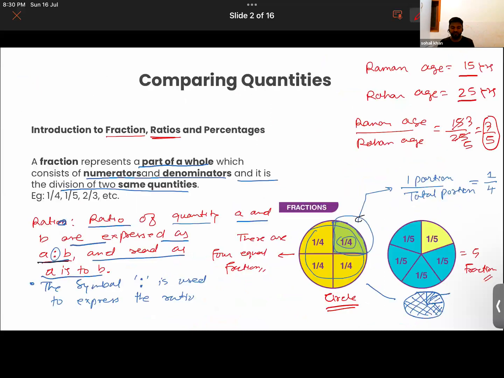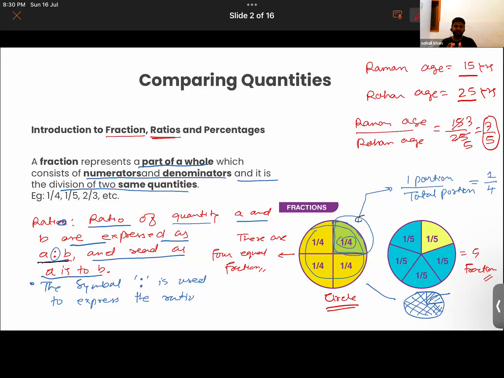Okay, so today we discussed a few basic things regarding comparing quantities. We talked about fractions. Fractions are basically portions out of whole objects. Then you have another method of comparing two quantities: ratio. Ratio is obtained by dividing two quantities of the same type.